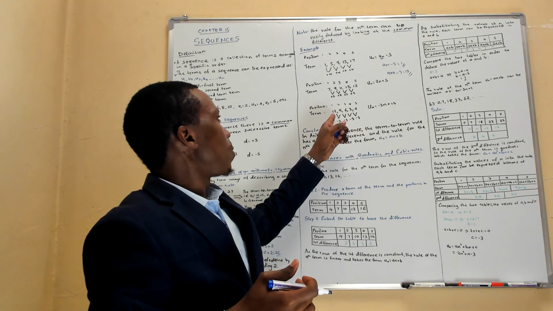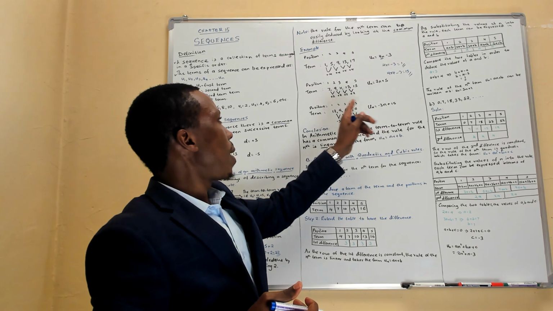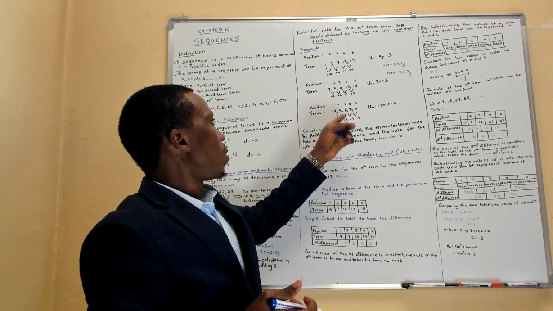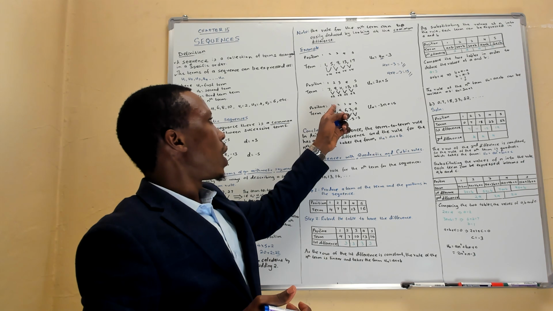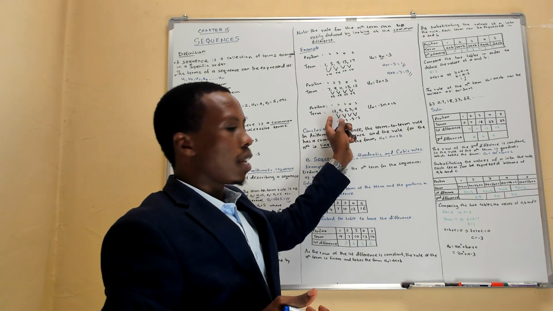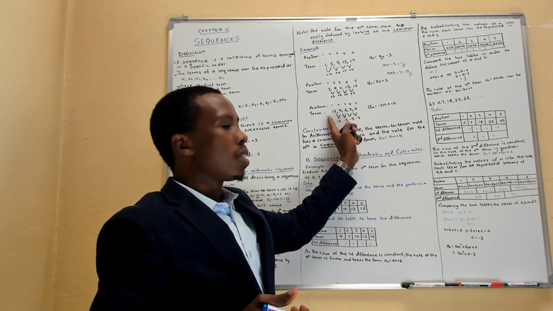For me to get 12, I have to multiply negative 3 by 1, then add 15. So negative 3 by 1, which is the first value, that's negative 3. Then if I add 15, I'll get 12. So this is the rule which has been used to form this sequence.